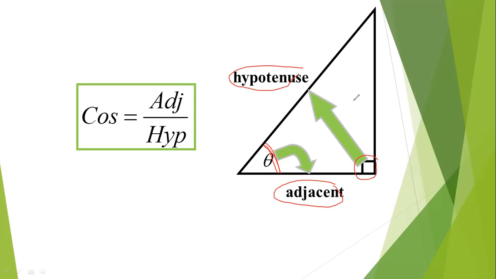Now, if your theta is here, so this is your unknown angle, the opposite side is this one, and this now becomes the adjacent side. Take note that it matters where your theta is.